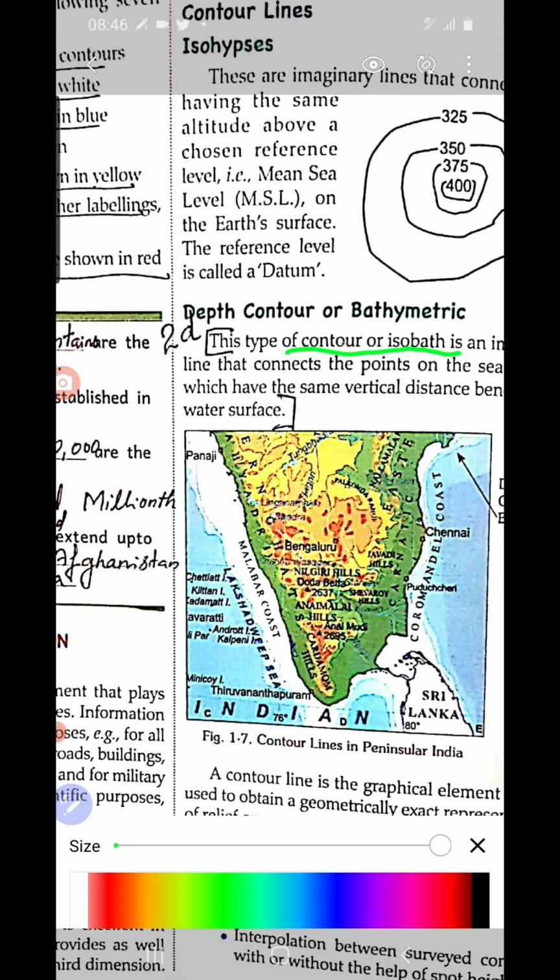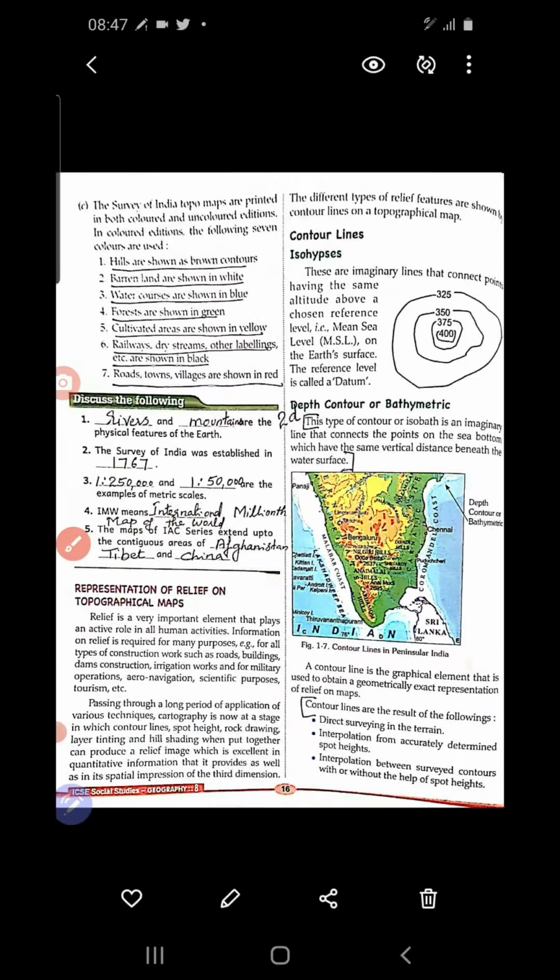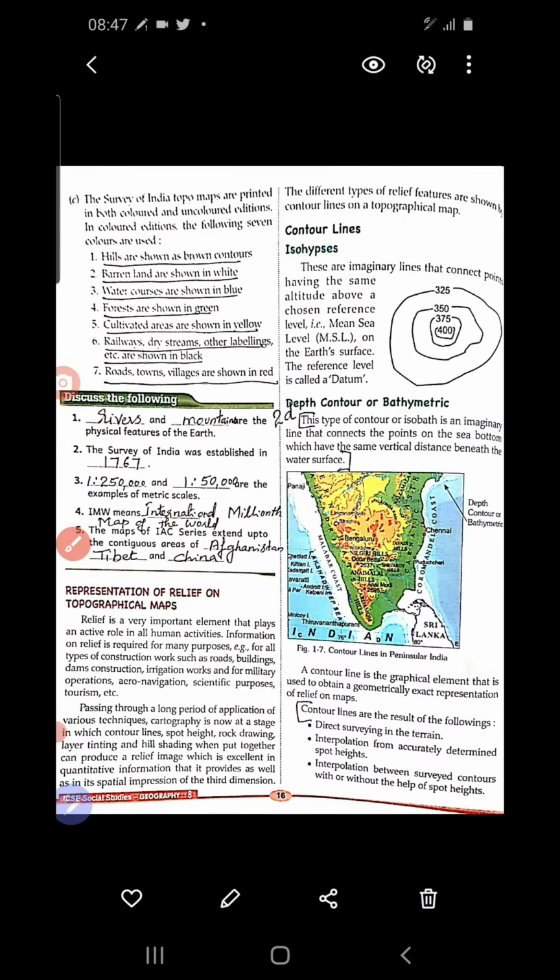This kind of depth contour is also named isobath. What is an isobath? It connects the points on the sea which have the same vertical distance beneath the water surface. You see here, depth contour. Once again we read this.